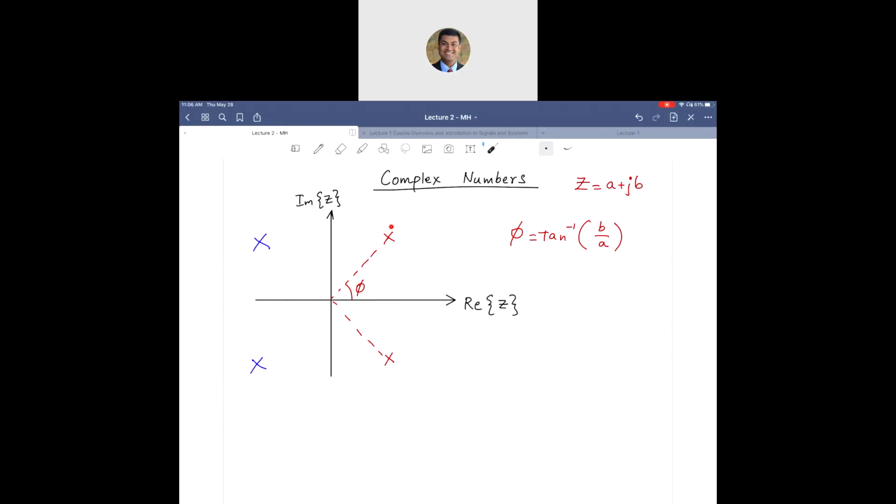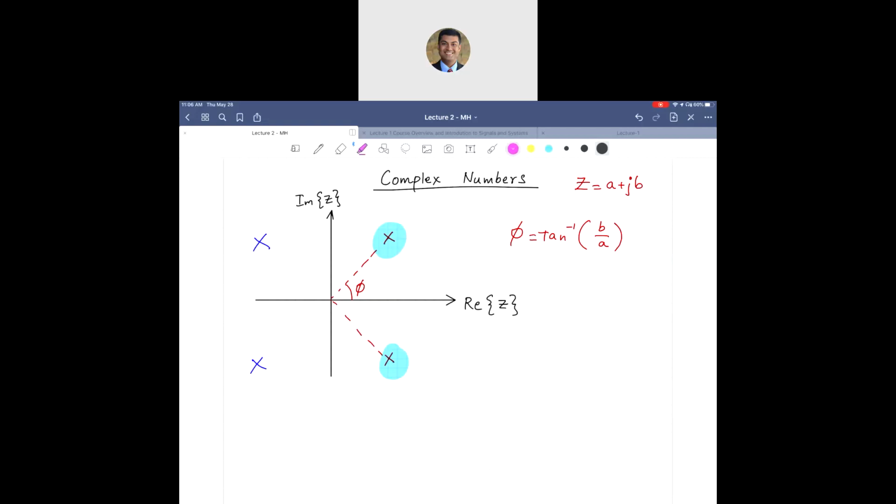So for example, in the first quadrant, both of them are positive. So you get a tan inverse of a positive number and you would get the phi correctly, fine. It is still okay if the number is in the fourth quadrant. You will get a tan inverse, in the argument you will have a negative number, which is fine.